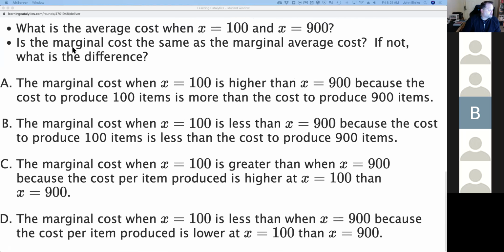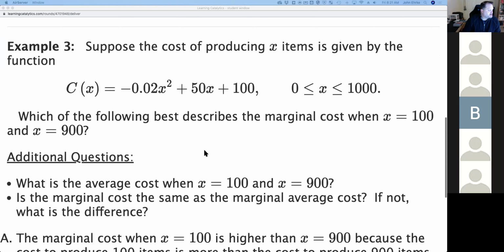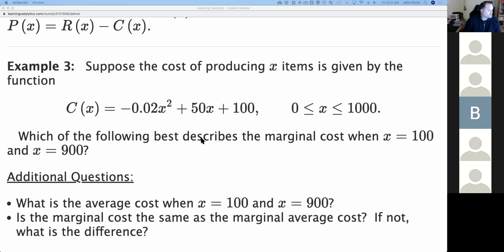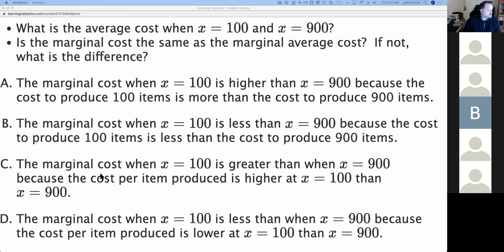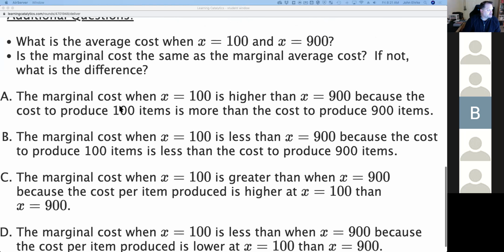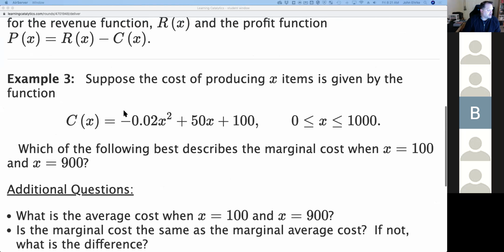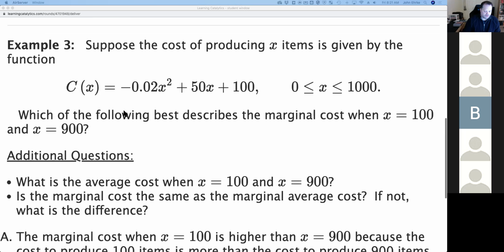There are several answer choices, A, B, C, D here, and I want you to tell me which of the following best describes the marginal cost when X is 100 and X is 900. So I'm comparing marginal cost of these two quantities when X is 100 and X is 900. I'll give you a second to dive into this and think about the result.